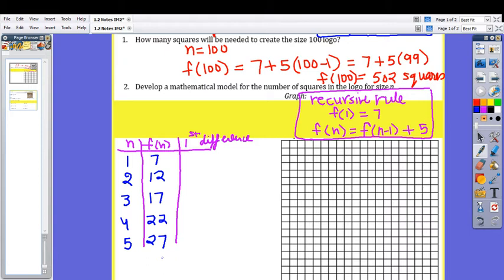So the pattern keeps going. When we find the first difference, we do 12 take away 7 and you get 5. So basically you're adding 5 each time, correct?